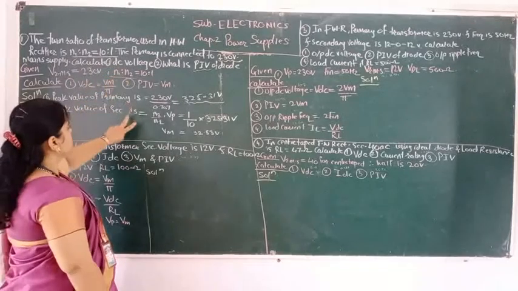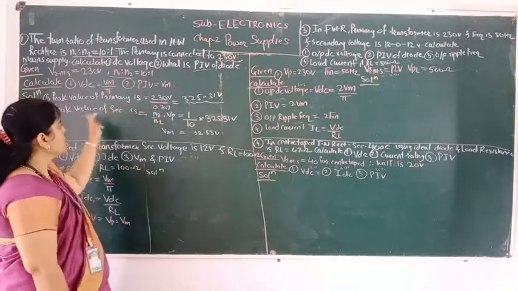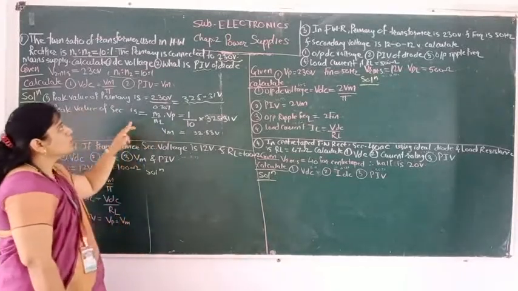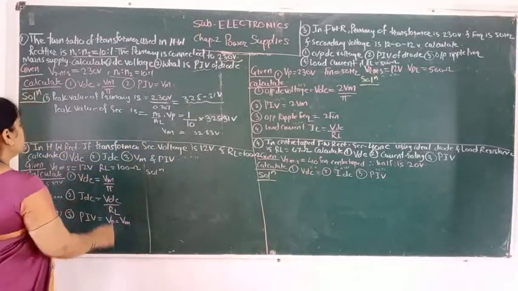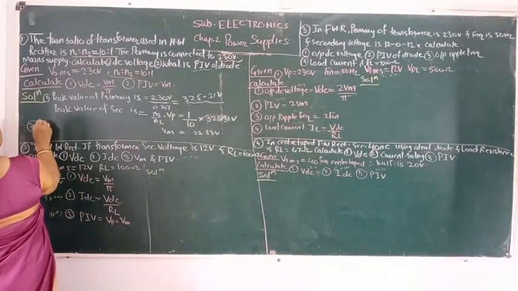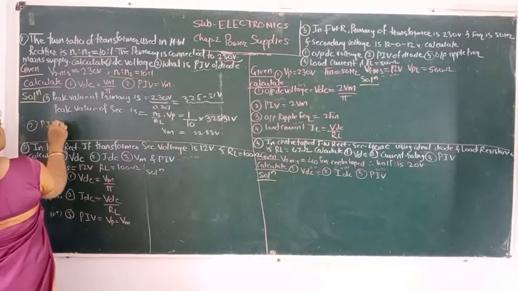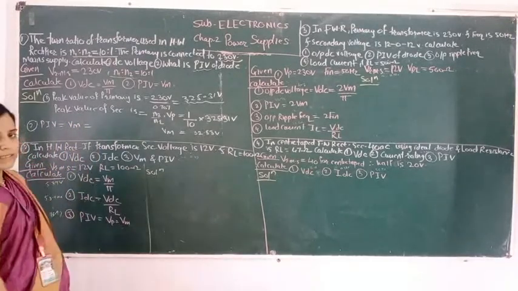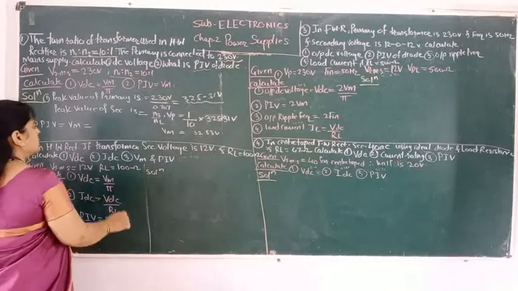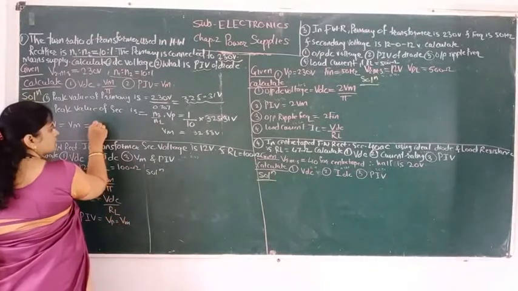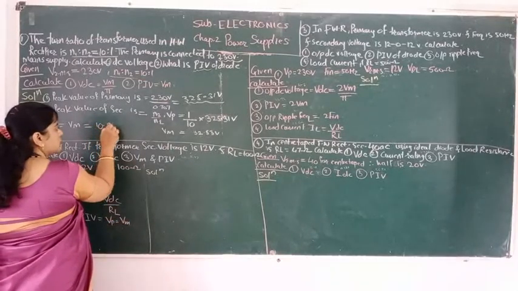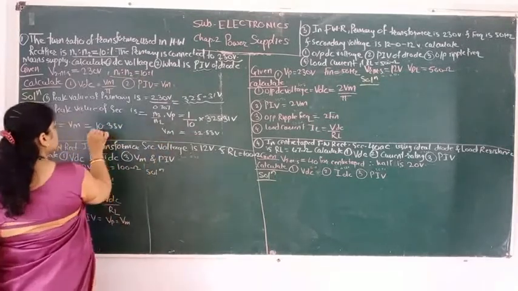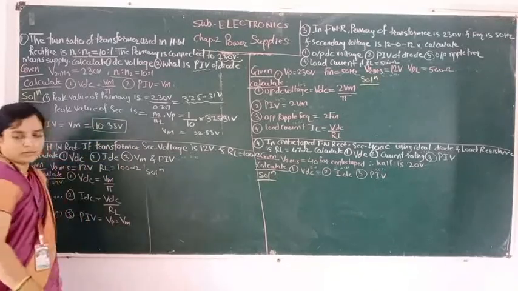Okay. So what is asked here? DC voltage. Peak value of the primary voltage. From that we can calculate the peak value of the secondary voltage. So what is the PIV of the diode? Second is peak inverse voltage, which is equal to Vm, and Vm is equal to how much? It is 10.35 volt. So how can we calculate this 10.35 volt?